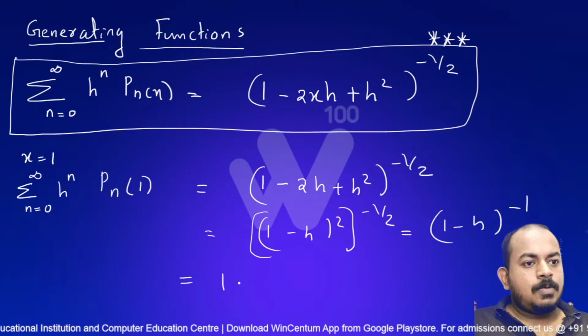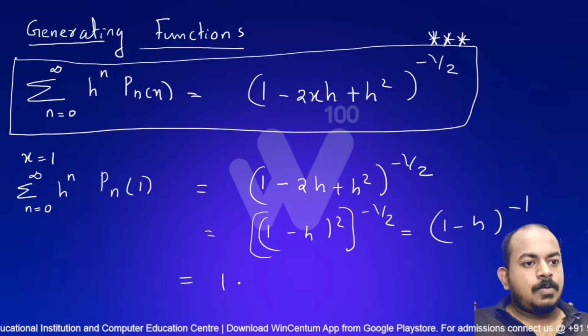Similarly, I'm just going to expand this term also. Let's see what we will get. If n equals 0, h raised to 0 is 1, and P0 is also 1.